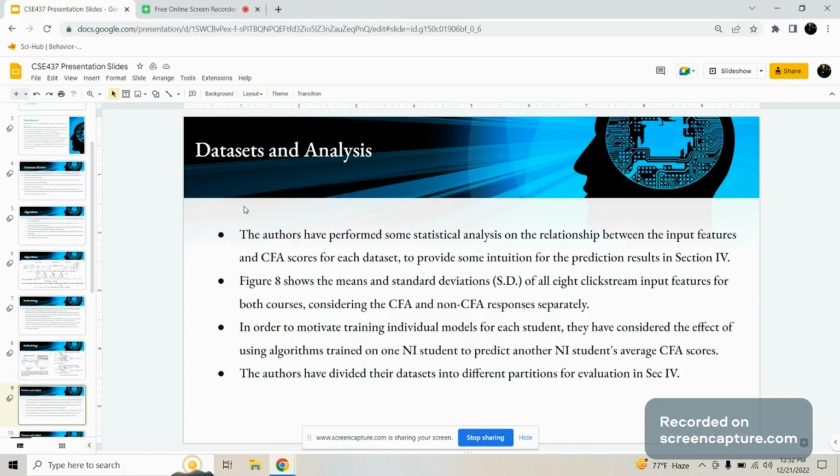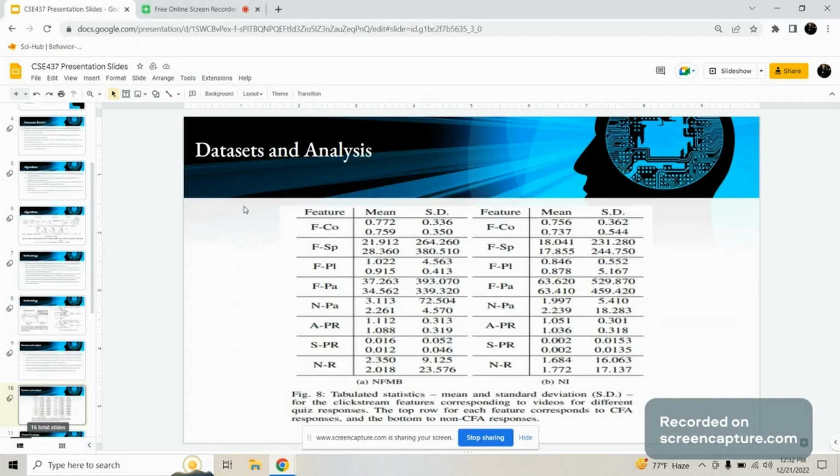The authors have also divided their datasets into different partitions for evaluation in section 4, as mentioned in the paper. Due to the data being varied, the authors have divided their datasets so that they can compare the different results and measure how datasets have an impact on the output of any trained model.